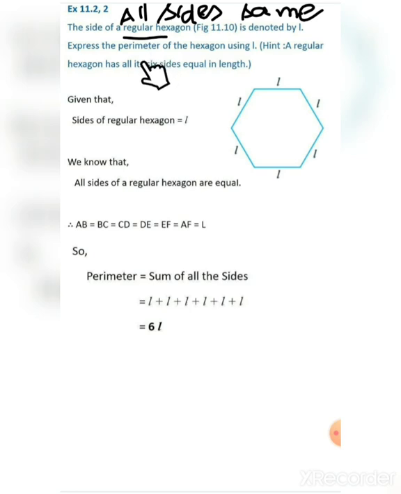So perimeter, we know the formula. First we will write what is given in the question. Given that side of a regular hexagon is equal to l, we know that all sides of a regular hexagon are equal. Therefore, AB equals BC equals CD equals DE equals EF equals AF, and it is equal to l. The naming is done like this. You can name by your own.